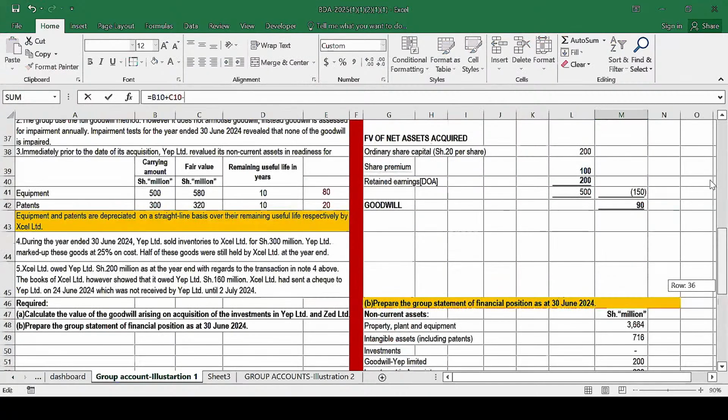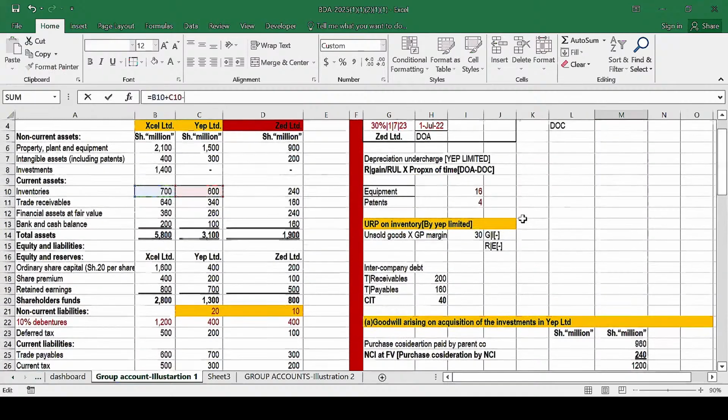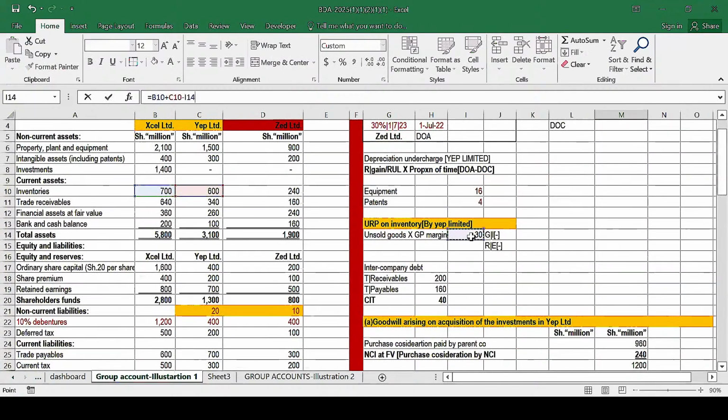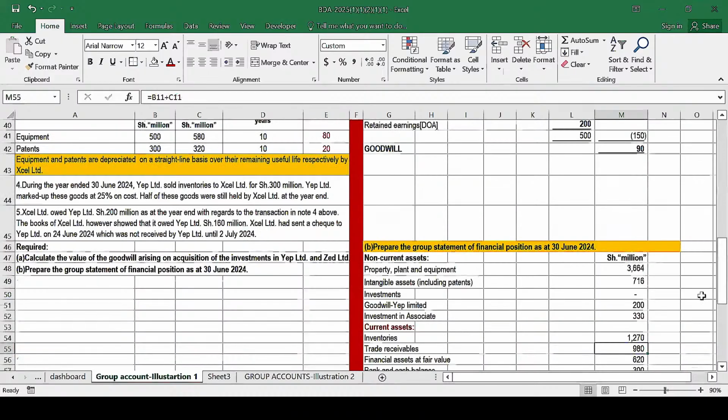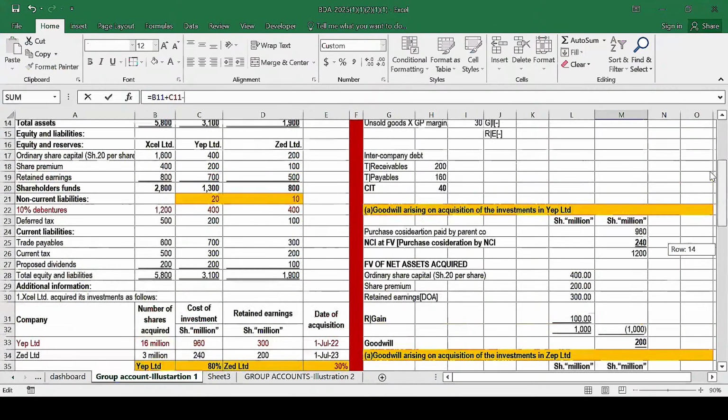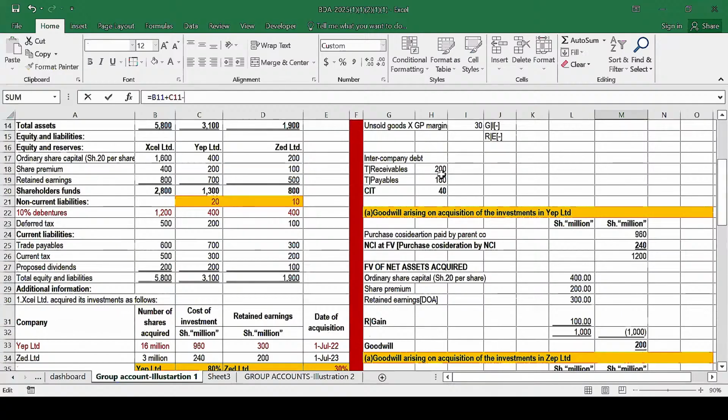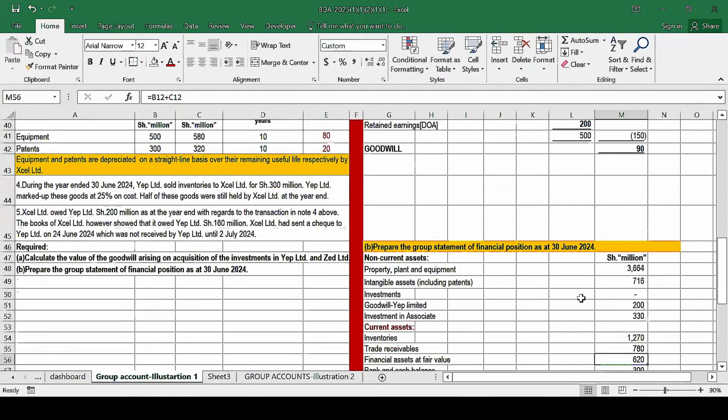So we will need to less that unrealized profit, this one 30, from the group inventory. The receivables will also have some adjustment. We less the amount of intercompany debt, and basically the amount we are deducting from the receivables is this 200.